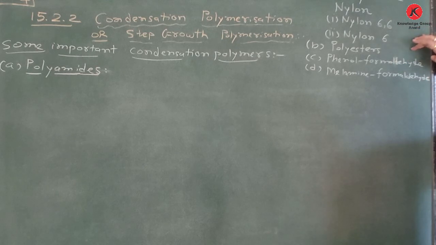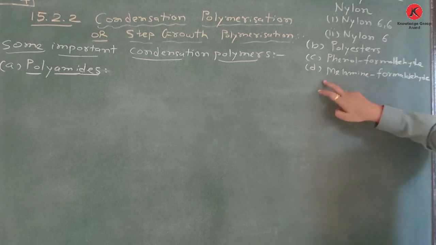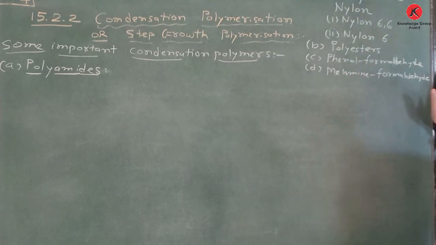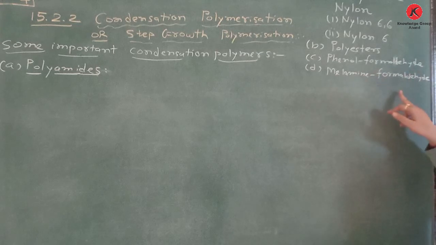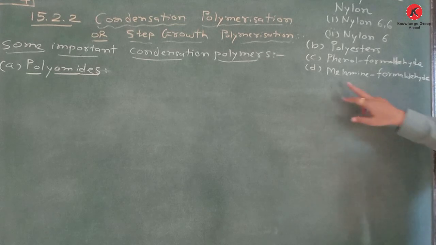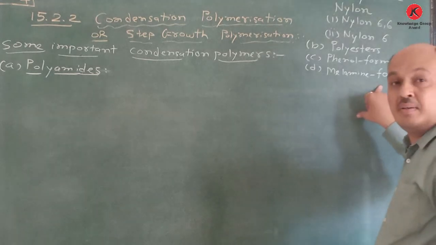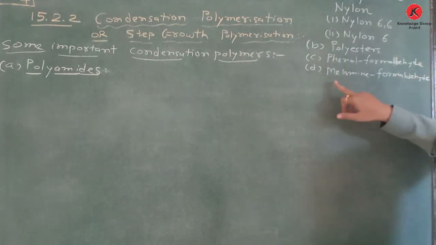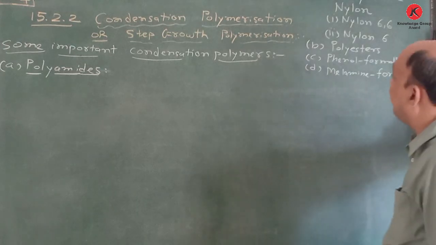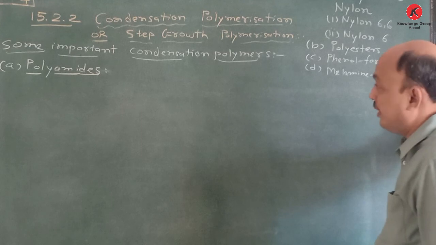C is phenol formaldehyde polymers, and D is melamine formaldehyde polymers. Phenol formaldehyde polymers are like bakelite, and melamine formaldehyde polymers are like melamine, formica, sunmica. So this is an example of condensation polymers.